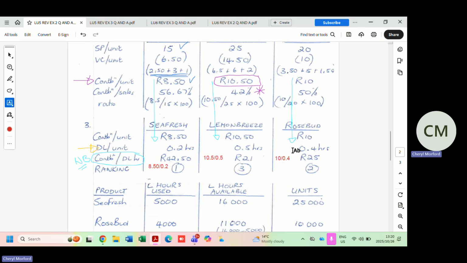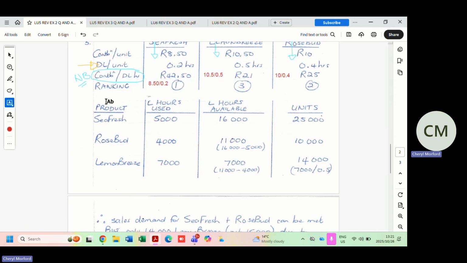If we only considered the contribution, Lemon Breeze would have come up tops because that was 10.50 Rand. But on the basis of the fact that it uses the most labor time, which is the limiting factor, it now lands up in last position. So once we've done that, we're going to set up, over here, a production schedule.